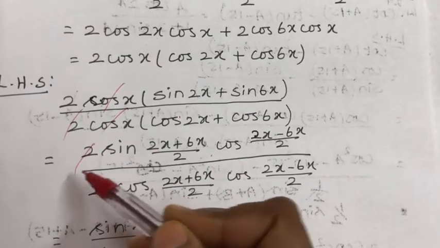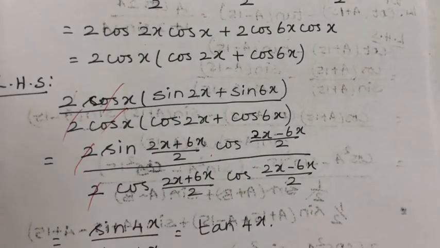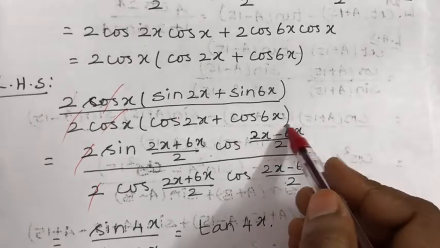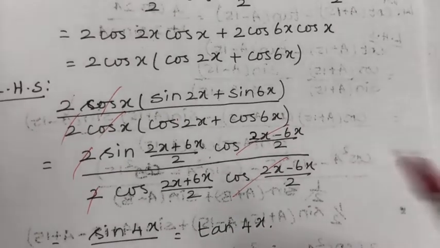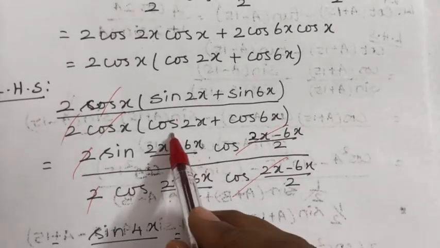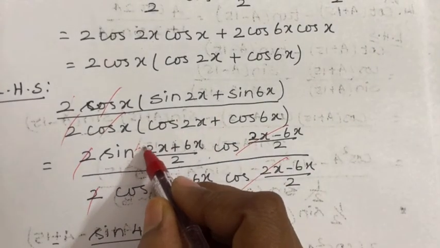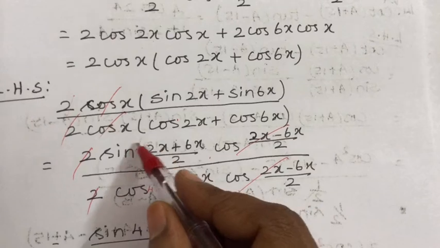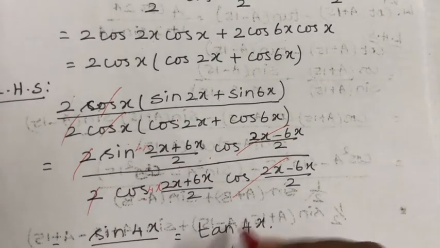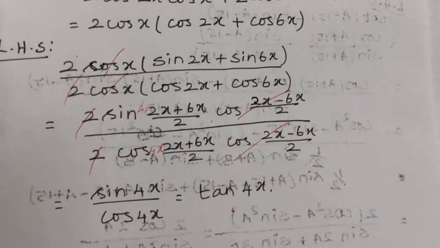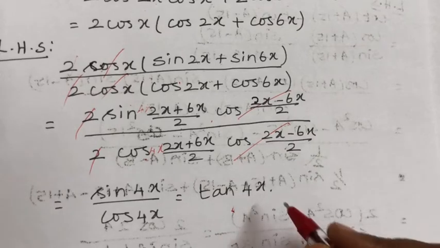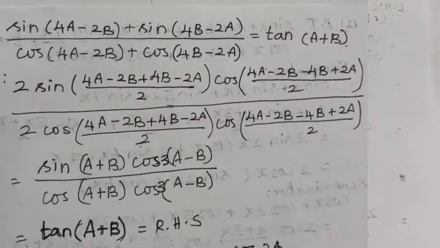So, here also 2 and 2 will get cancelled. Cos of (2x minus 6x) by 2, that will also get cancelled. So, 2x plus 6x is 8x. 8x by 2 is 4x. So, here sin 4x and cos 4x. Sin by cos is tan. So sin 4x by cos 4x is equal to tan 4x, and hence proved.